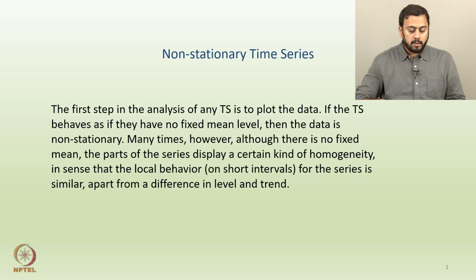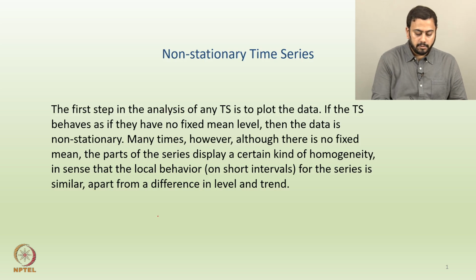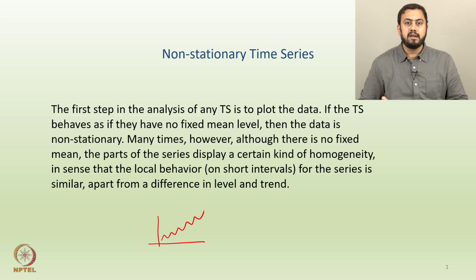Alright, so exactly what we spoke about a short while back is summarized here. By the way, the first step in the analysis of any time series data is to plot the data. So, if you plot the data like that and the data shows some trend, then one can identify that the time series is not stationary.